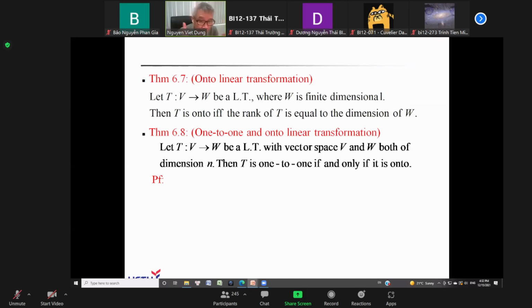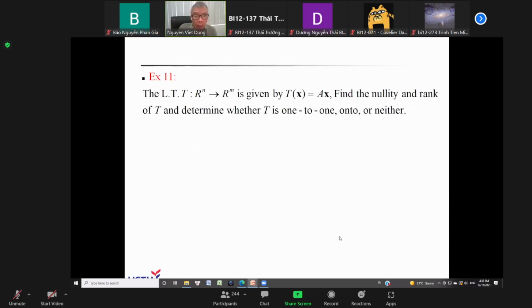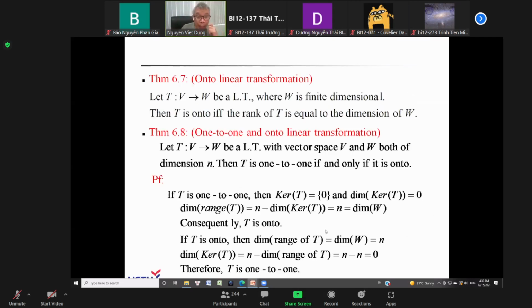Then T is one-to-one if and only if it is onto. If it is one-to-one, then we know that it is onto, and vice versa. If T is onto, we know that it is one-to-one. That is only in the case V and W are of the same dimension. And again, it is explained in the slide, so I will not go into the explanation here.